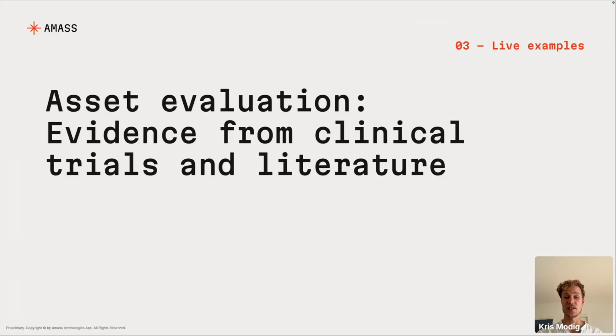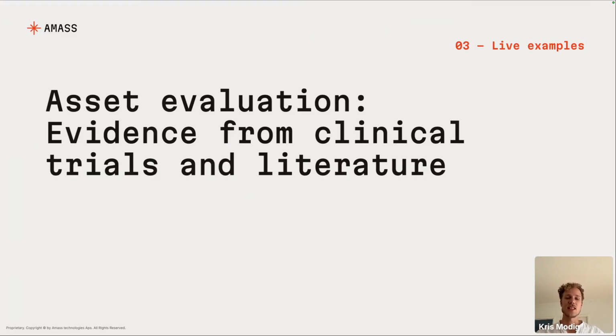What does the IP landscape look like? So looking at the competitive landscape and patents. And then, of course, combining all these factors: how differentiated the asset is, what the strength of evidence is, and what the competitive risk is. And of course, you want to be able to trace everything back to the right PMIDs, NCT numbers, patent numbers, and so on.